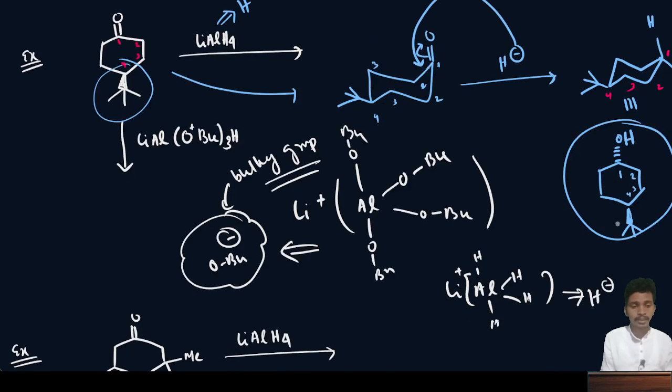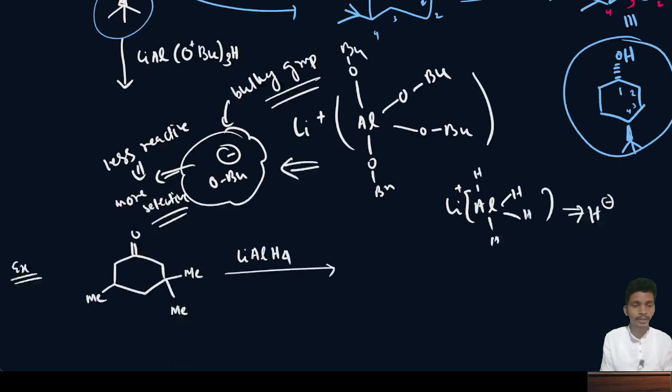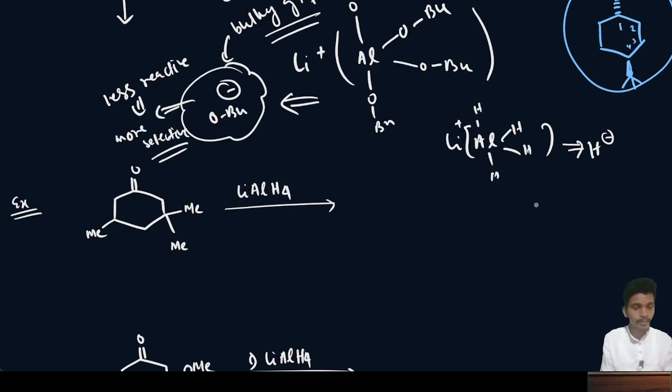And one more thing: since it becomes a bulky group, it will become less reactive, and if it is less reactive, it becomes more selective. As we have seen here, the LiAlH bond is weak and unstable, and since it is also a less bulky group, all these favor it being a very strong reducing agent.